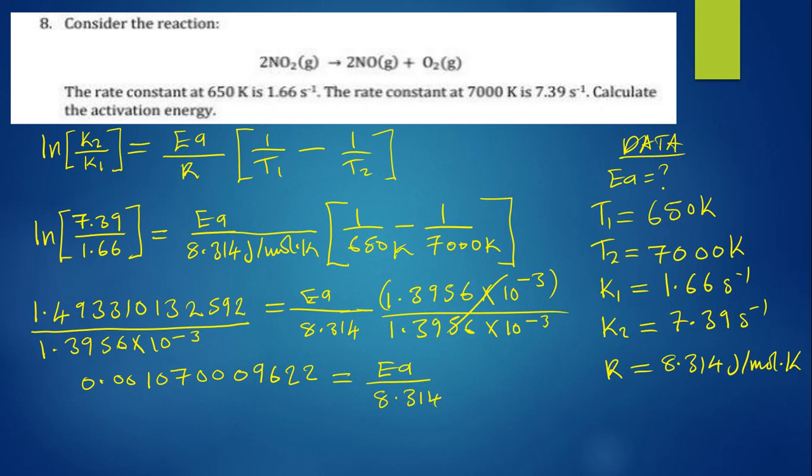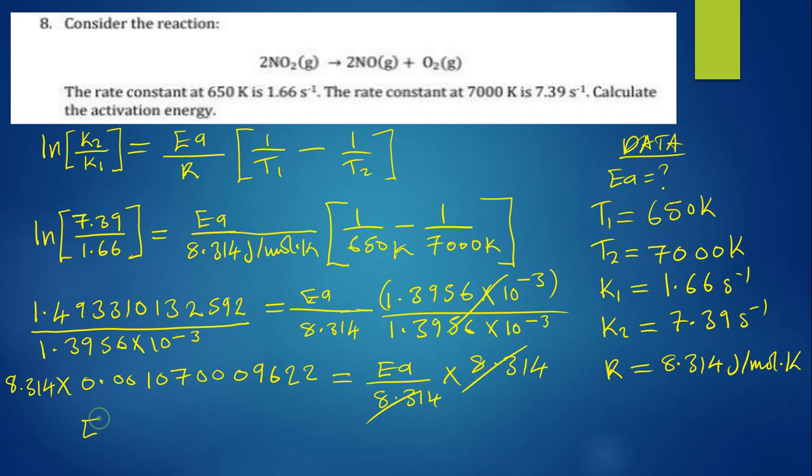And then here our aim is to remain with the activation energy, so we can multiply both sides by 8.314, even this side by 8.314, so that we can get rid of this 8.314 down here. So this one goes.